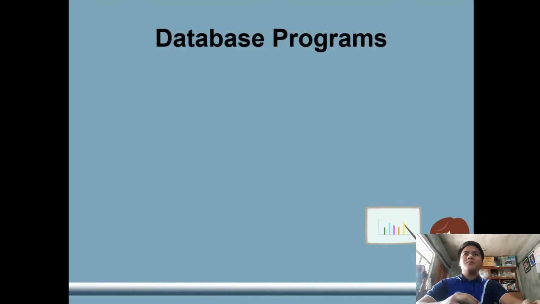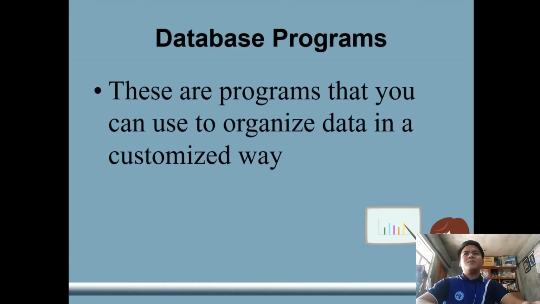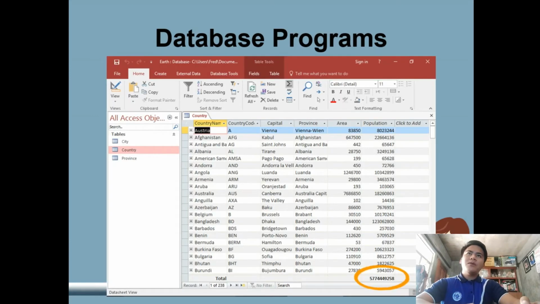After electronic spreadsheets, we have also what we call a database program. These are the programs that allow you to organize or store information in a customized way. So it allows you to store information using rows and columns also, or using different tables. Example of database program will be Microsoft Office Access.